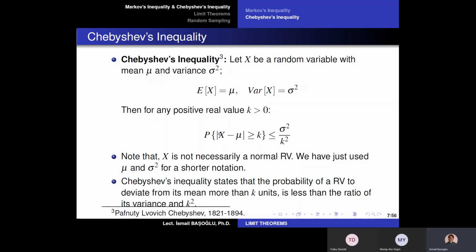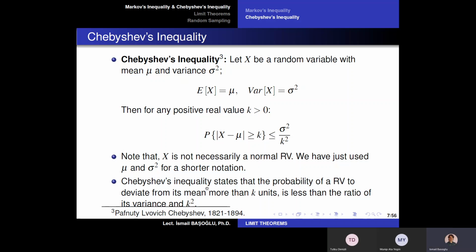So the probability of the absolute deviation of random variable x from its mean value to be greater than or equal to k, or in other words, the value of x to be at least k units distant from the expected value, that probability, my friend, is less than or equal to the variance of that random variable divided by the square of that k value.